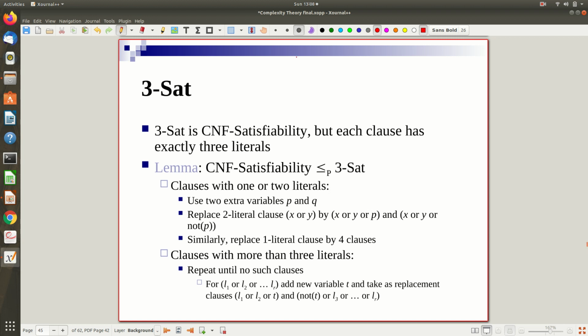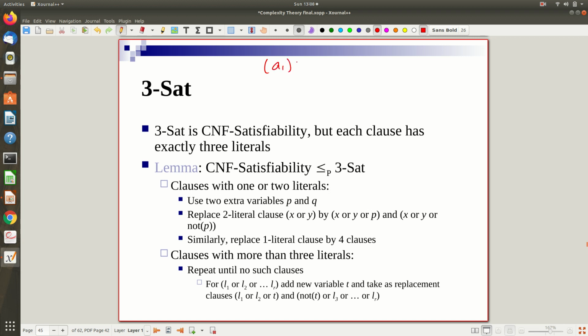Given any Boolean algebraic expression, you can't expect the clauses to contain exactly 3 literals, and your intention is to make it 3 literals. Let me take an example. This clause contains only a single variable.